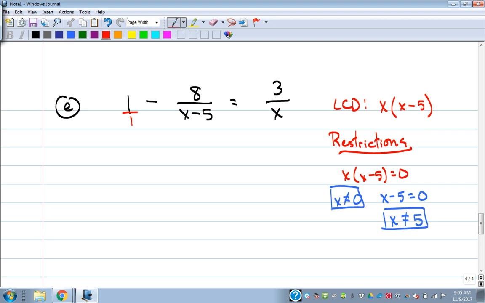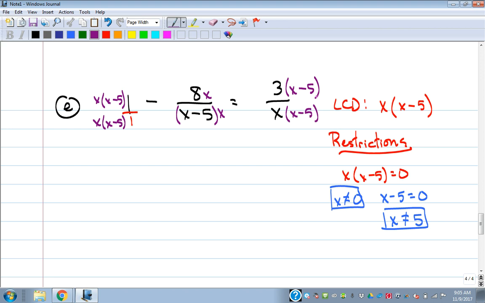What does the first one need? It needs x and x minus 5. What does the second one need? x. And the third one, x minus 5. All the denominators are the same.